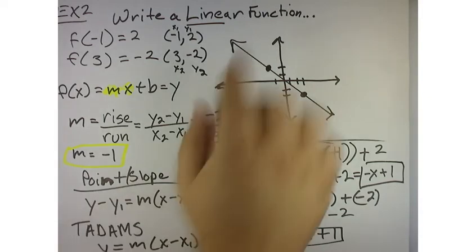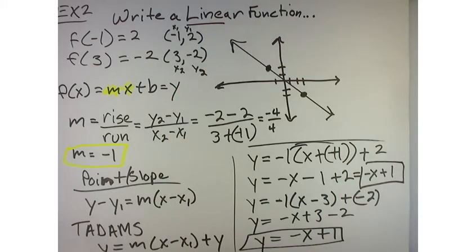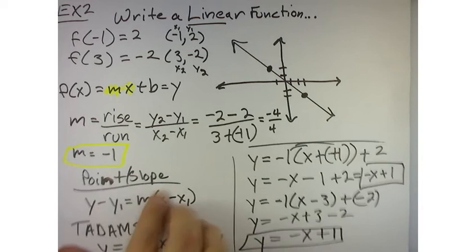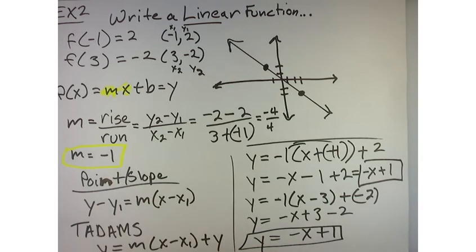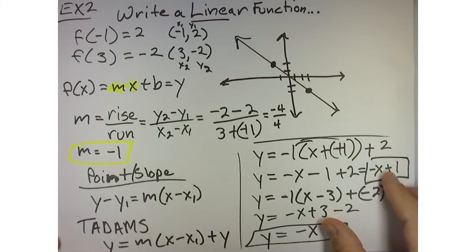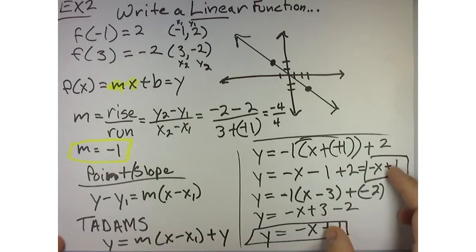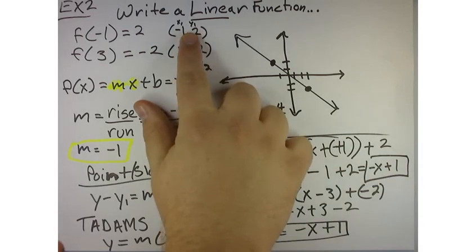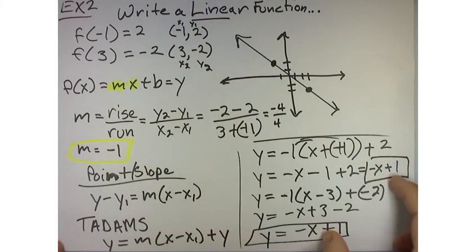If it's a linear function, then we can get the slope, and once we have the slope, we use one of the points, plug it into the point slope form, and then we'll get our equation. And if for whatever reason we want to double check our work, like let's say we're taking the ACT test, we could plug in this point and then plug in this point, and if they both give the same equation, then I know I've done the work correctly. That makes sense?